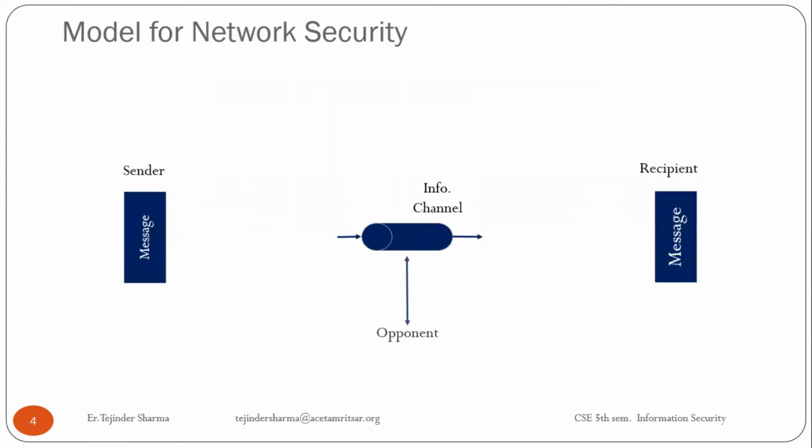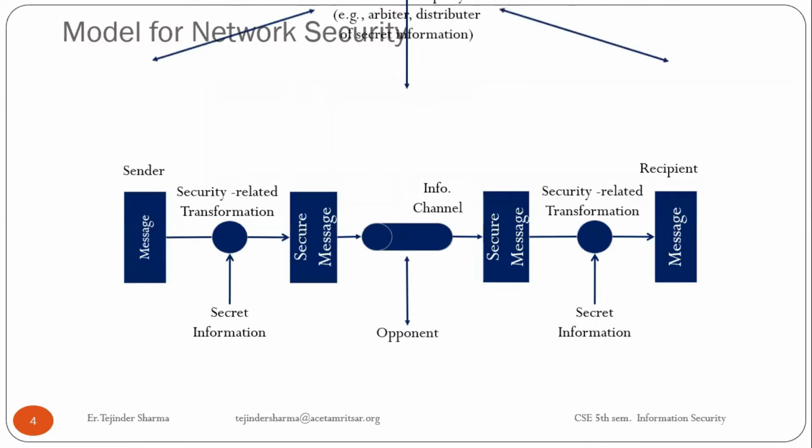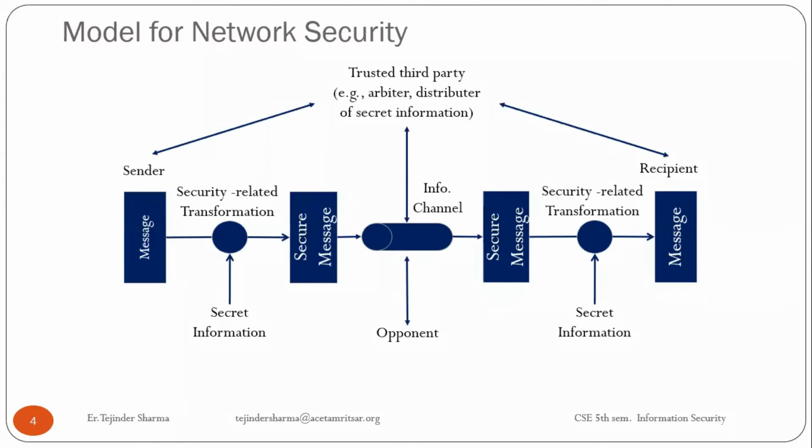Now this is the security model which I have also drawn on the board. See, there is a message which is to be sent by the sender, and secret information is the key space, or the number of keys which is used to secure the information.